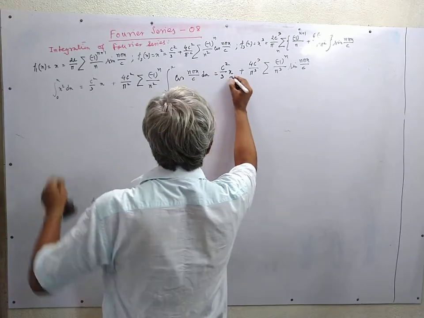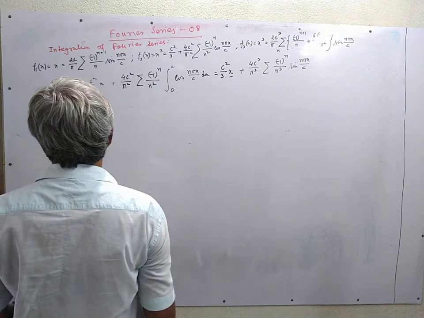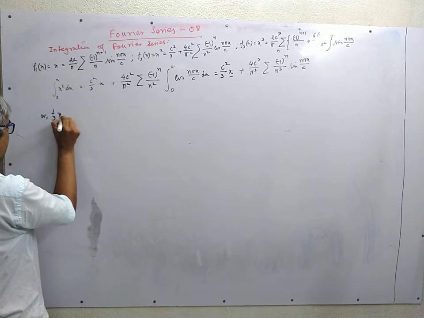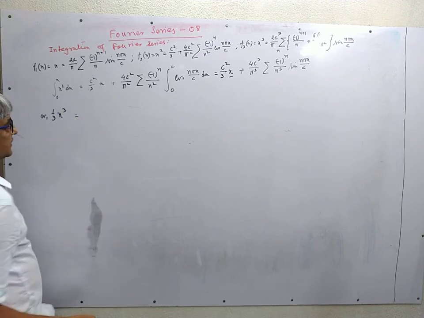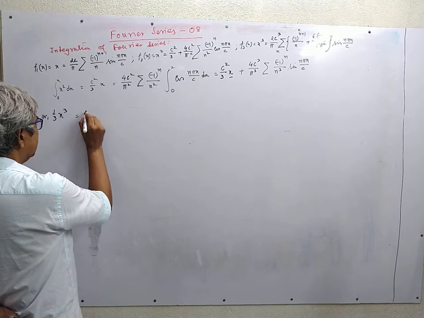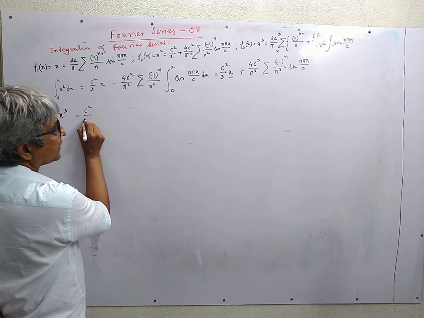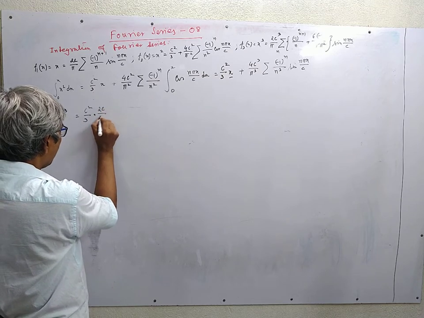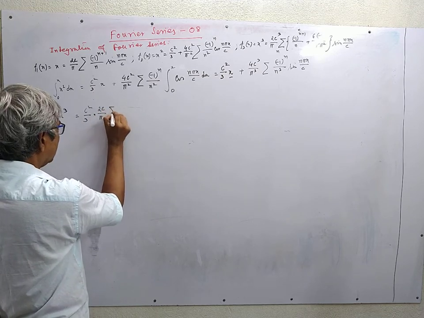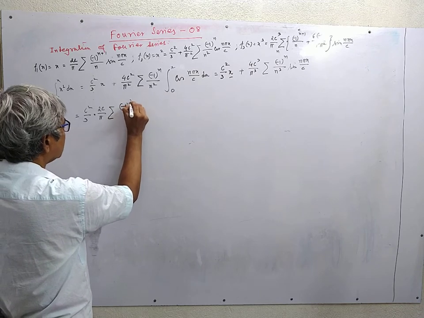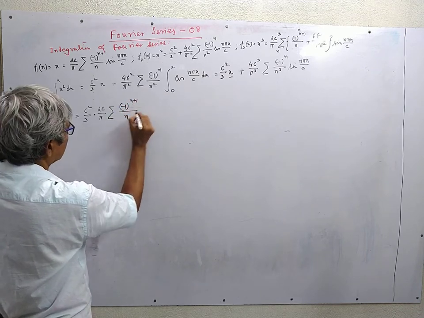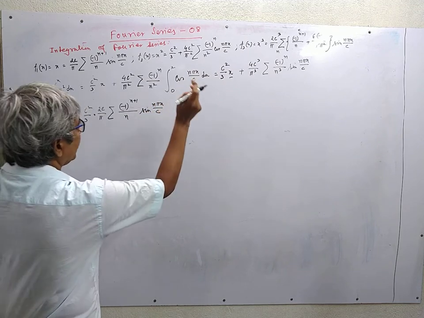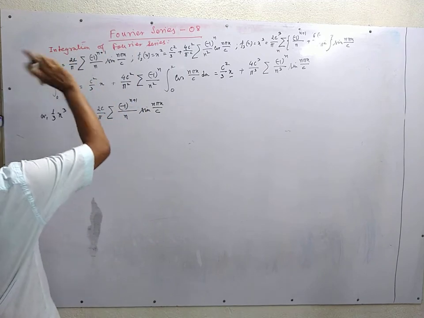For x we use this result, so we get x cube by 3 is equal to c square by 3, and for x we write 2c by pi, so we have x replaced by c by F1.